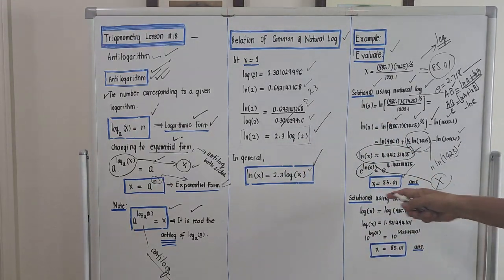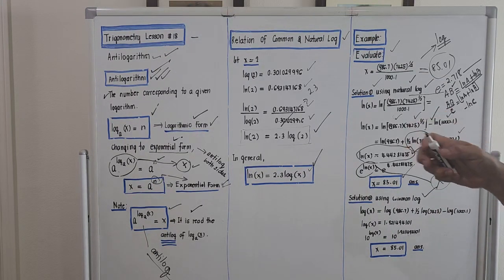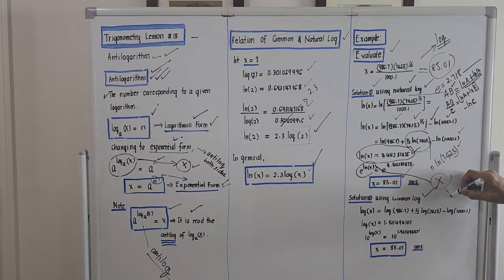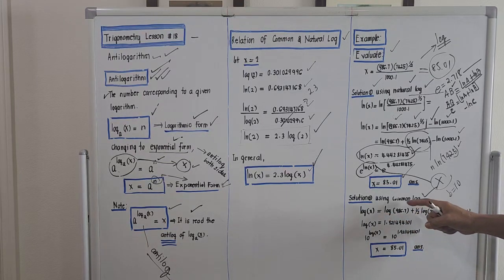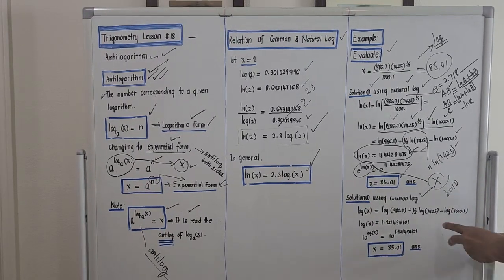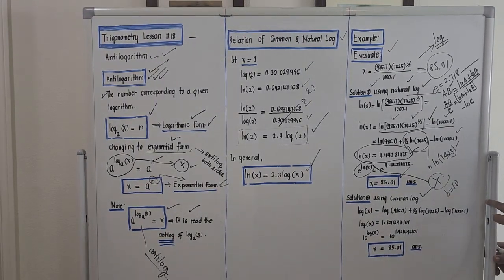Okay, solution number 2, it's the same. The only difference in solution number 2 is that the base is different. The base is 10, right? So the simplification will be the same as this one, but we use common logarithm. Common logarithm of 986.7 plus 1/2 common logarithm of 7425 minus the common logarithm of 1000.1.